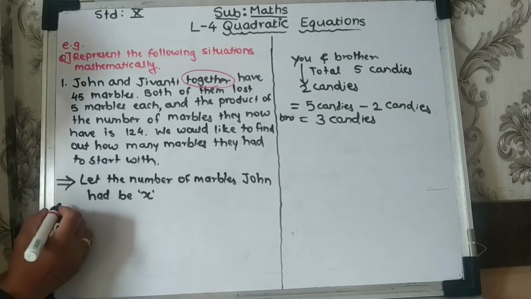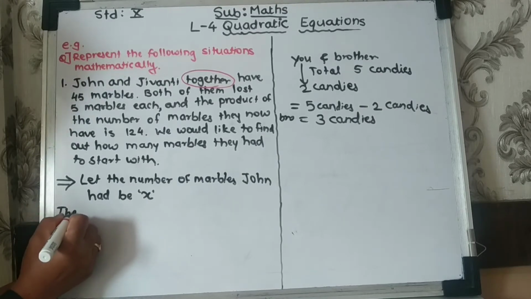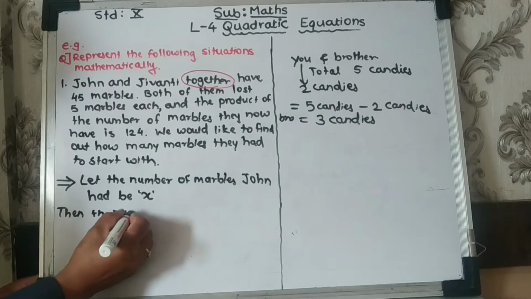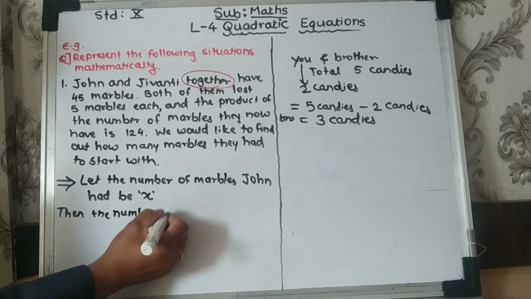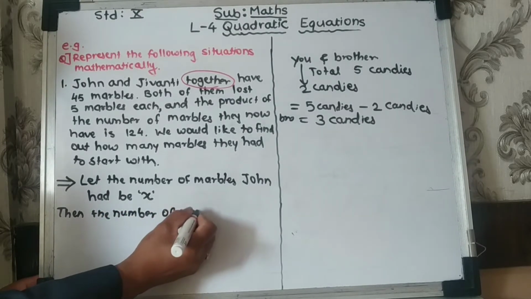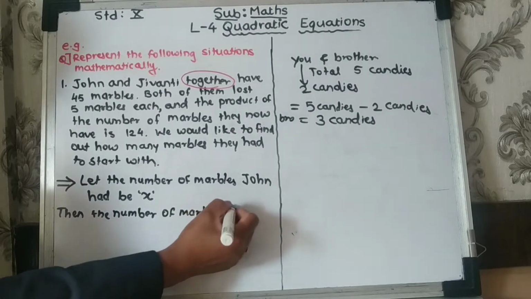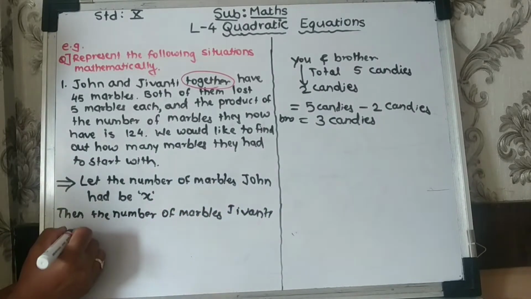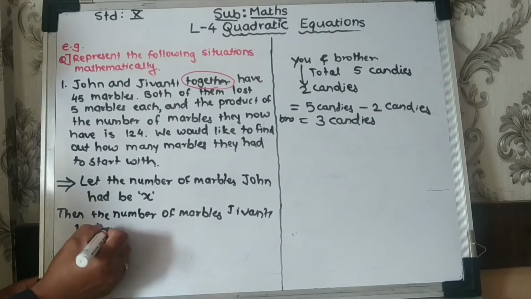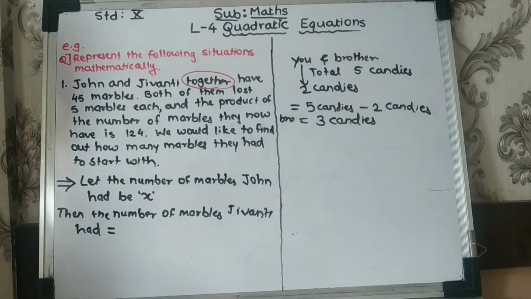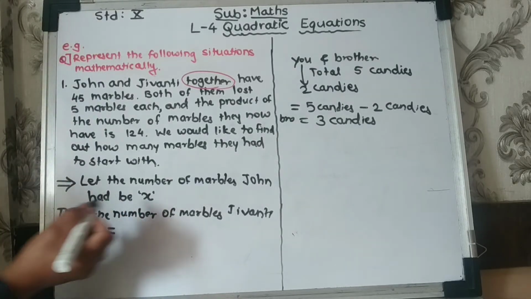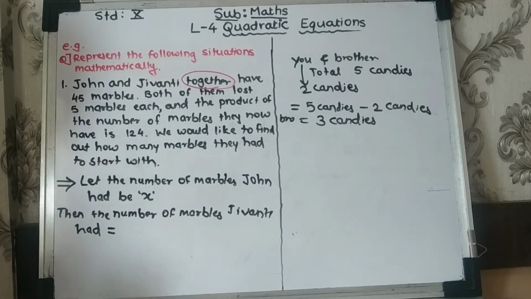So we will write the number of marbles Jeevanti had. From the total, if we subtract John's marbles, we will get Jeevanti's marbles, right?